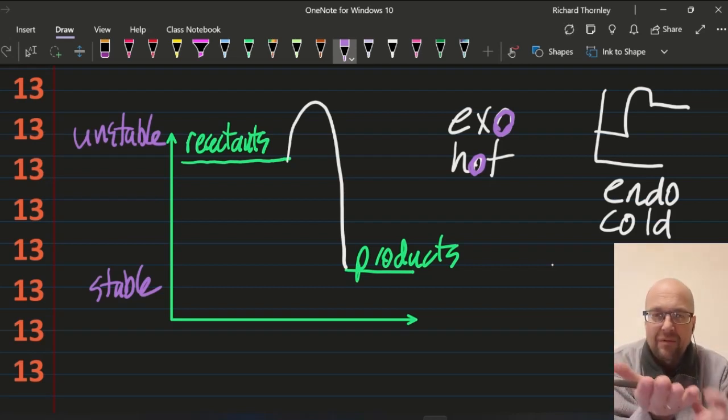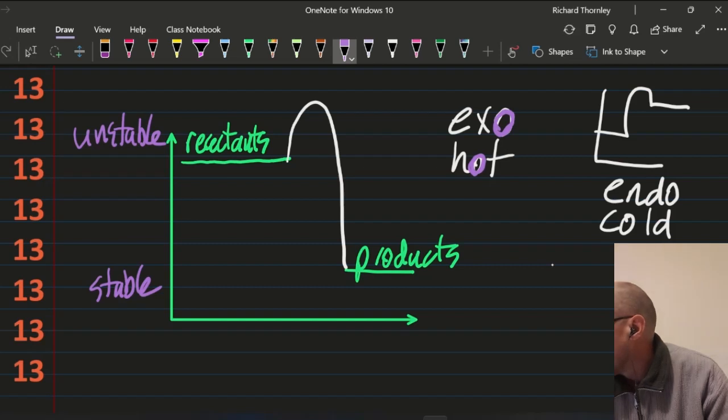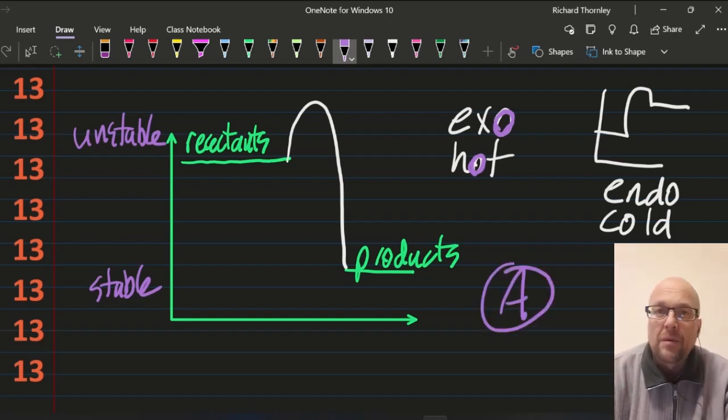The reactants are less stable than the product, and it's exothermic. So it's A, isn't it? 13A. Yep, 13A. The IB wants you to know 2 reactions that are exothermic: combustion, which is burning stuff, and neutralization, acid base.